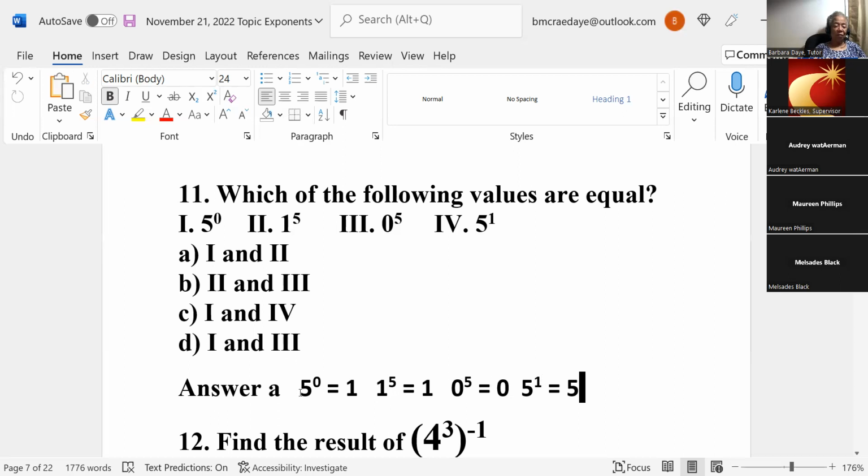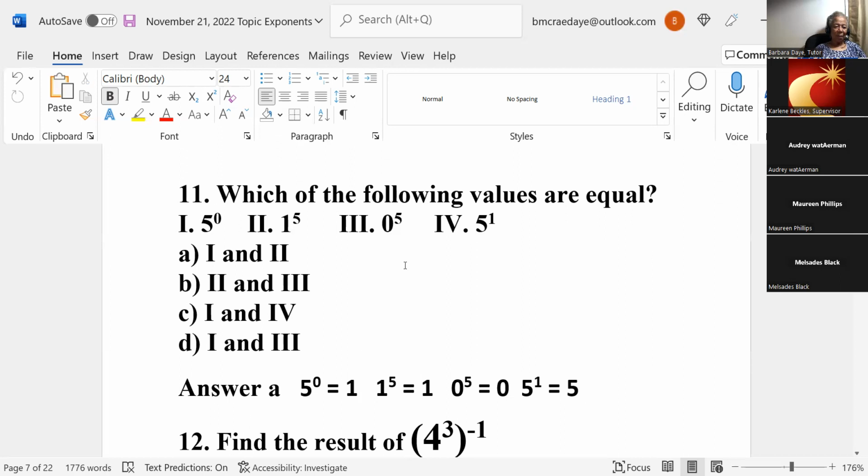So Mercedes, why do you choose A now? Maybe because 5 to the 0 is Roman numeral 1, and 1 to the 5th is Roman numeral 2. That's A, 1 and 2.